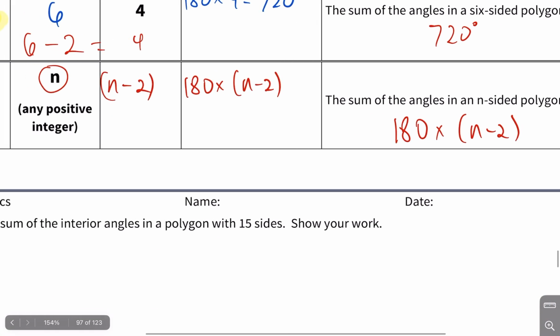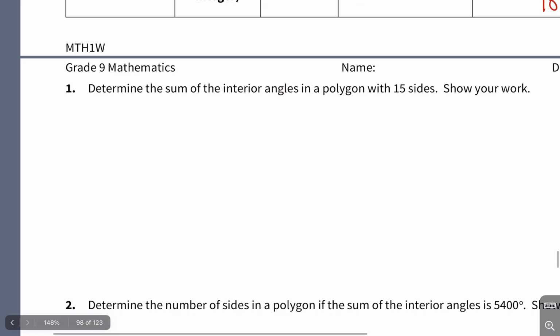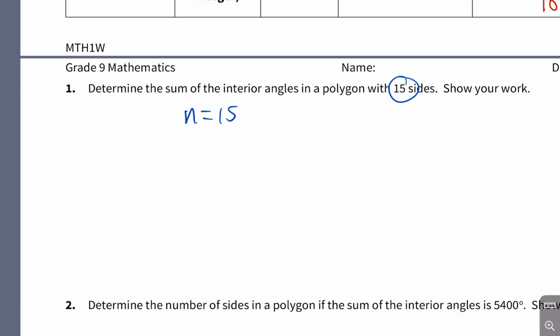All right, let's work it out with some problems here, right? Determine the sum of the interior angles in the polygon with 15 sides. So n is 15. I'm not going to draw a 15-sided shape, but I can do this, right? The sum of the interior angles is 180 times 15 minus 2, which is 180 times 13.